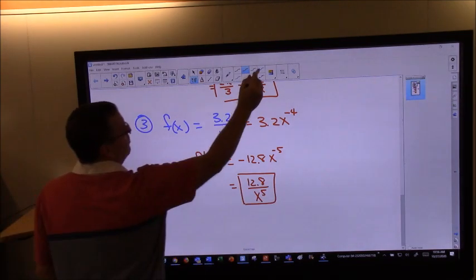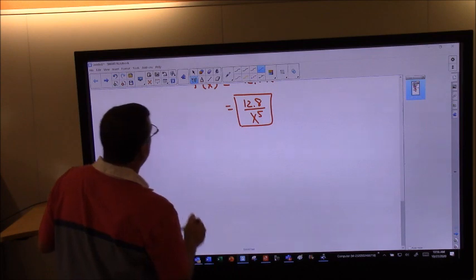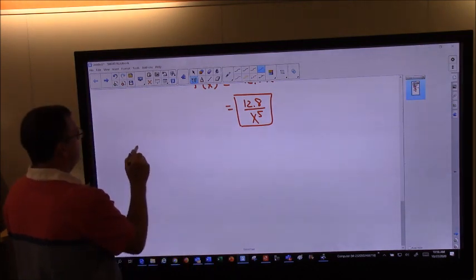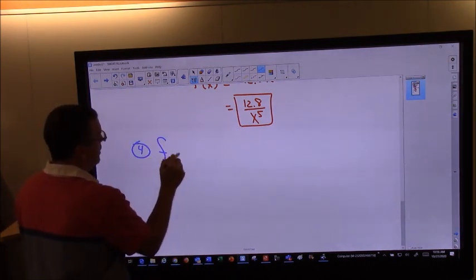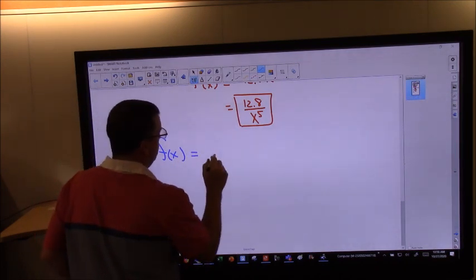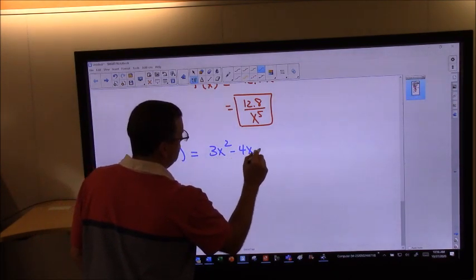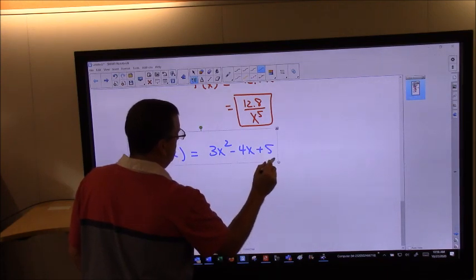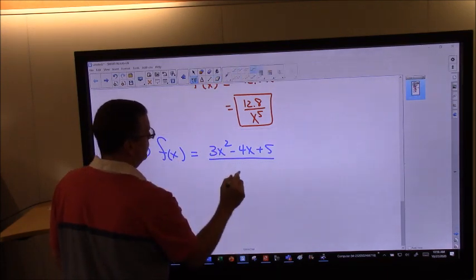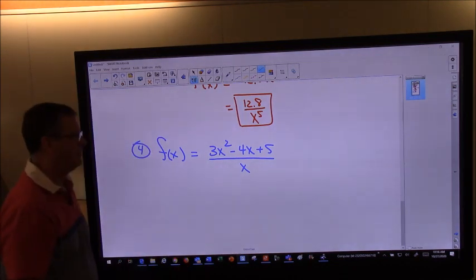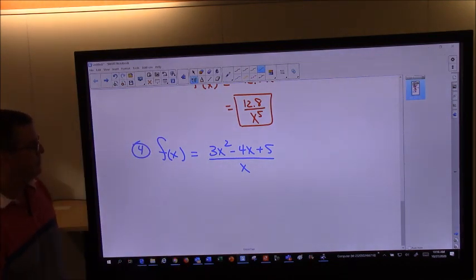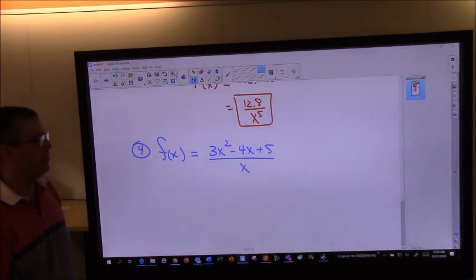All right, got one more problem to look at. What if I had something like this? This is number 4. f of x equals 3x squared minus 4x plus 5, all over x. And we look at that and we go, oh boy.